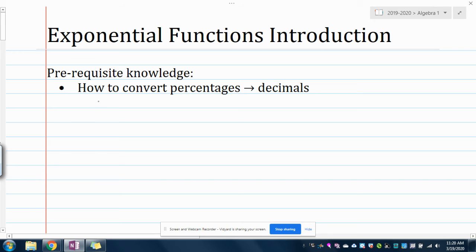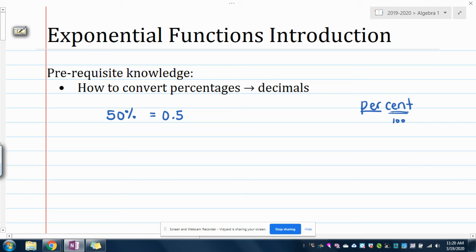So if I have something like 25, or let's start at the most basic level, 50%. 50% is half, right? So I know 50% is going to be 0.5. Now, how do I convert this? Percent means per, and cent in French means 100, for my Haitian and French people.